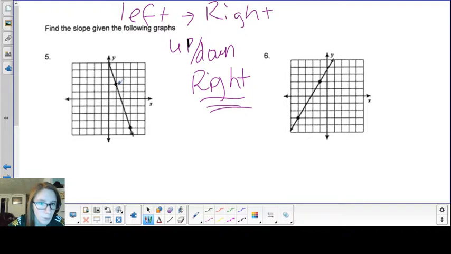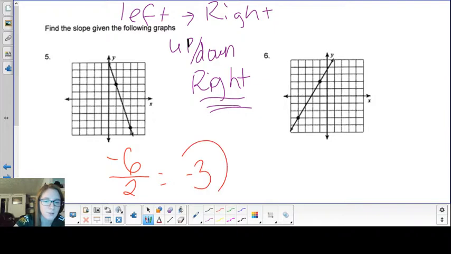From this point, we're going to go 1, 2, 3, 4, 5, 6 down, and so down is negative. Then to the right, 1, 2. Negative 6 divided by 2 is negative 3. So my slope is negative 3.